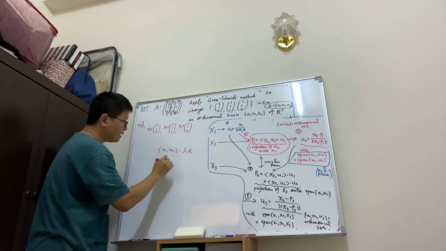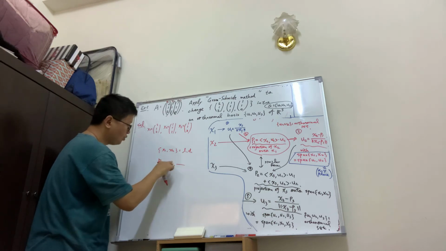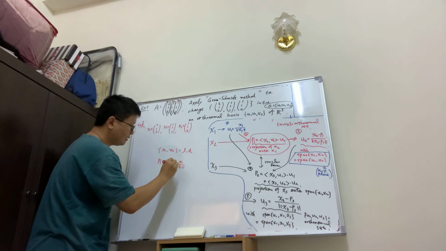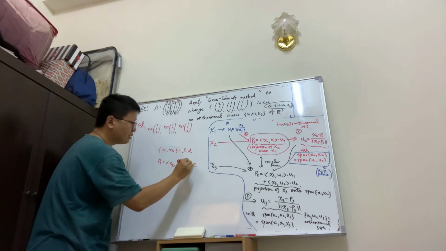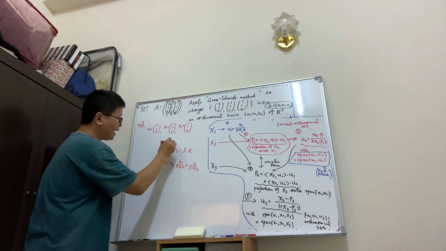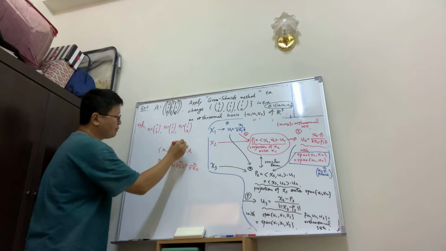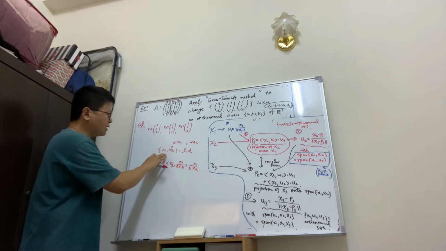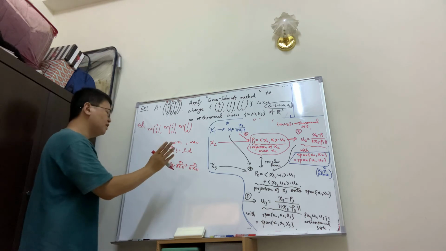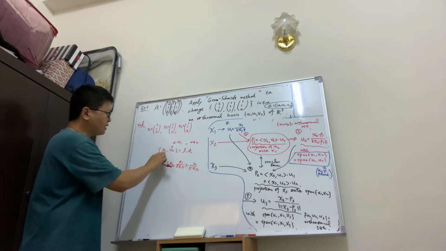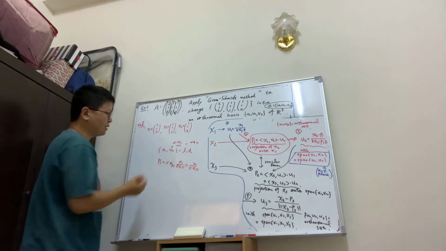Here P1 is the inner product of S2 with S1 divided by its length, times S1 divided by its length, right? And if S1 and S2 are linearly dependent, one is a multiple of the other. So we assume S2 equals alpha times S1 for some non-zero alpha.